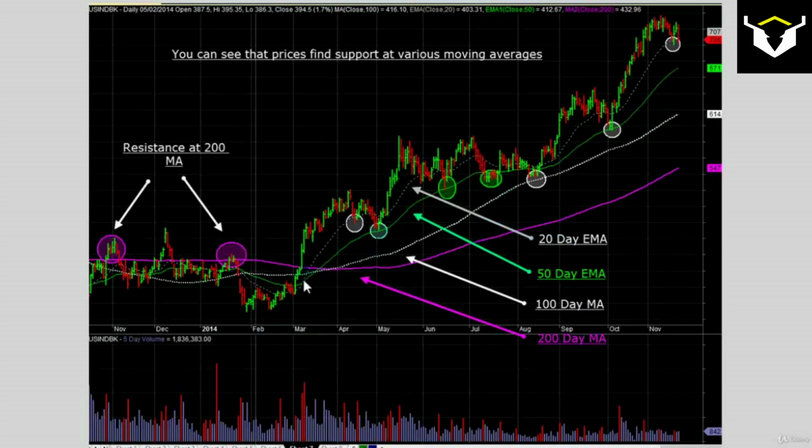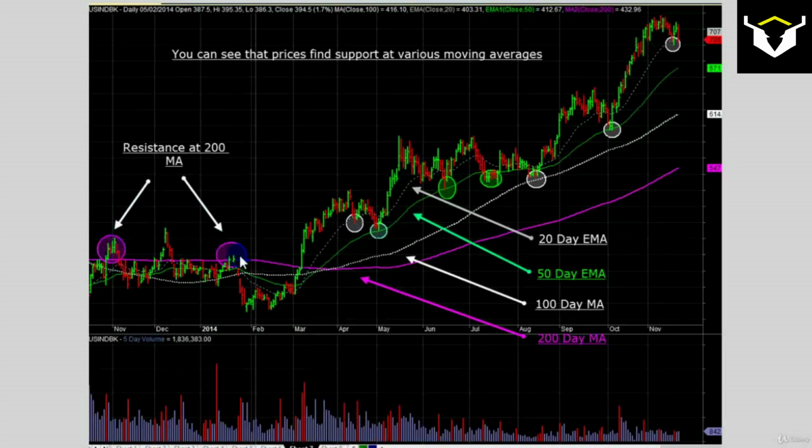Now I've plotted all these moving averages to give you a live example of how prices react when they reach levels of any of these moving averages. We'll start from November 2013, and these colorful circles are there to tell you which moving average acted as support or resistance.